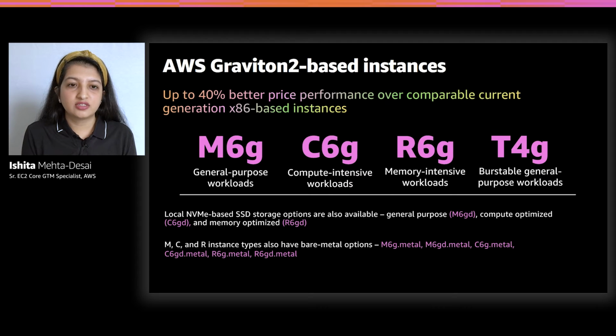The M6G is suited for general purpose workloads, just like the rest of the M family, while C6G is better suited for compute-intensive workloads, R6G for memory-intensive workloads, and the T4G is the new generation, low-cost, burstable general purpose instance type. Now, the M, C, and R instance types also support local NVMe storage options as well as bare metal options.